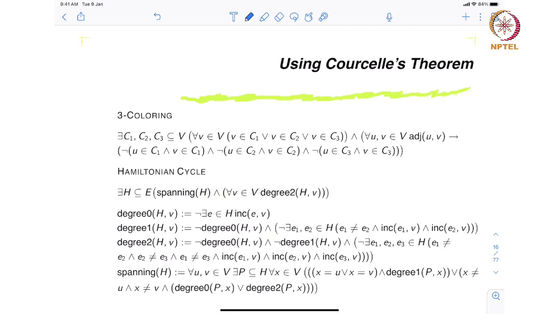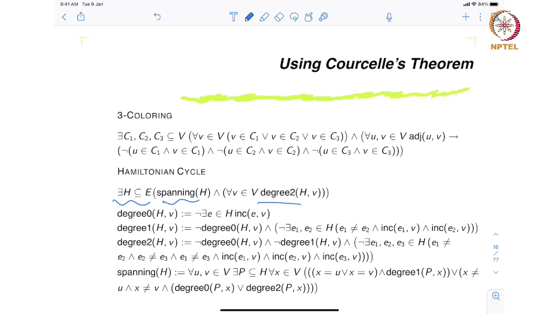What about Hamiltonian cycle? I will not do it, but basically all we are saying is that there exists H, a subset of my edges, which is spanning, and for all v in V, the degree of v in H is 2.